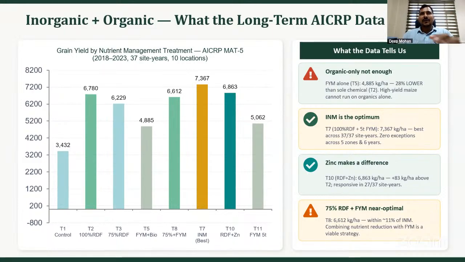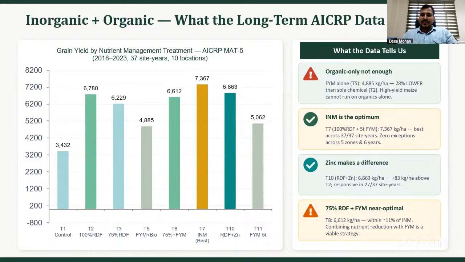This means all the agroclimatic zones, from northwestern plain zone to northeastern plain zone to peninsular zone to northern hilly zones. This consistency is very rare; any such treatment or technology which has such consistency is very rare.